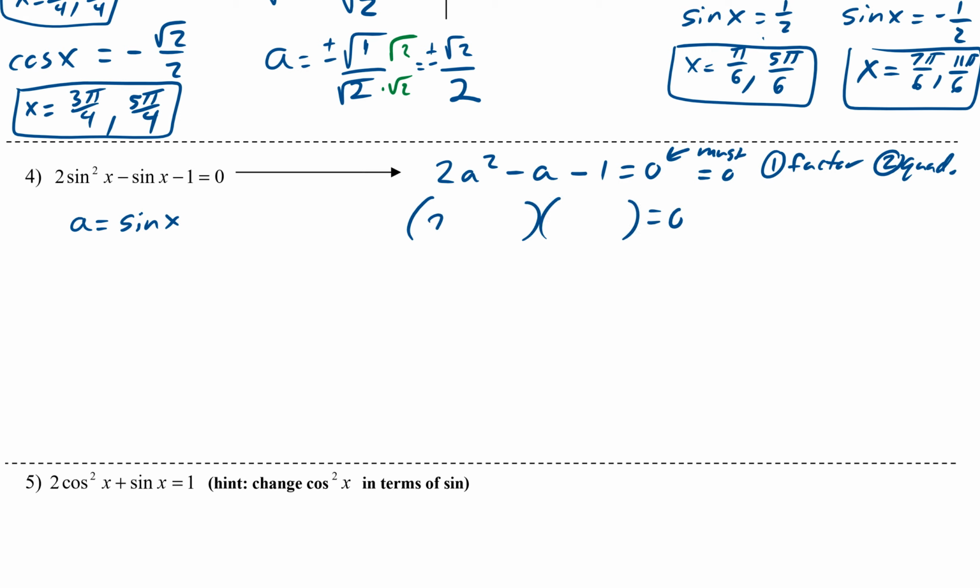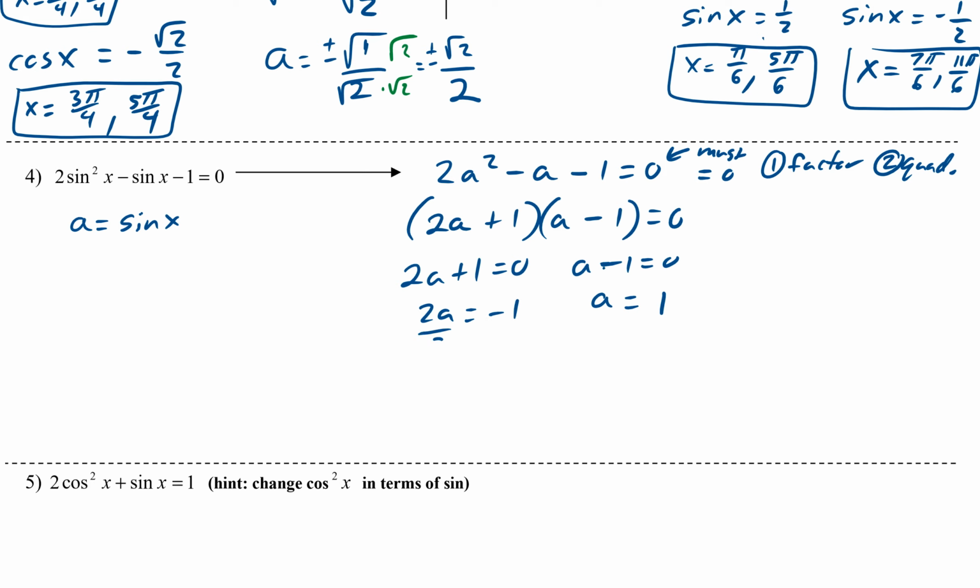So what two numbers multiply and, when added, give us the middle term? If I put a -1 here and a +1 here, we would get 2a squared minus 2a plus a, that's minus a, and minus 1. So now we can say 2a plus 1 equals 0, a minus 1 equals 0, so a equals 1.